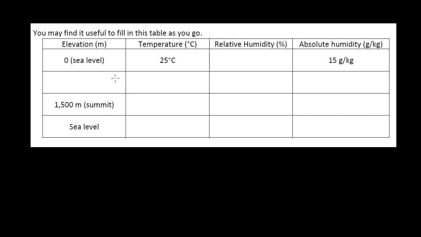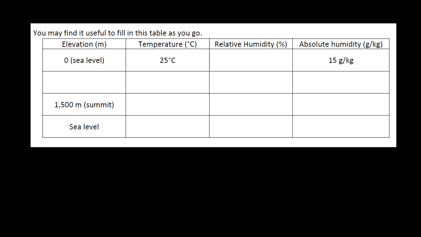So our air coming in is at sea level. It's got a temperature of 25 degrees C, and we're told its absolute humidity is 15 grams of H2O per kilogram. The first thing we want to do is plot that point up and determine its relative humidity.